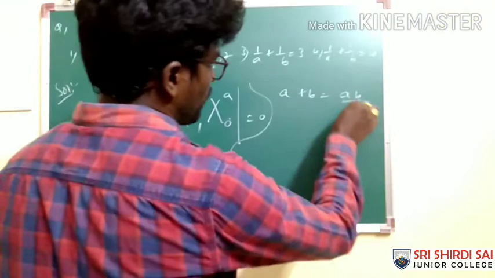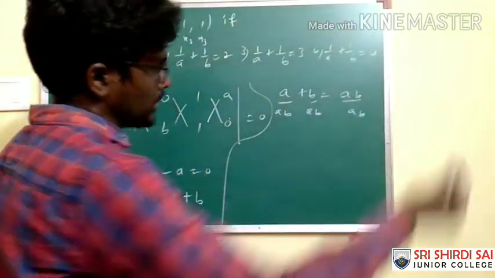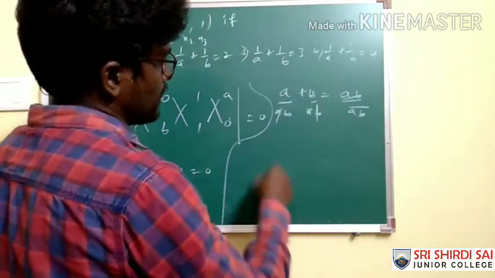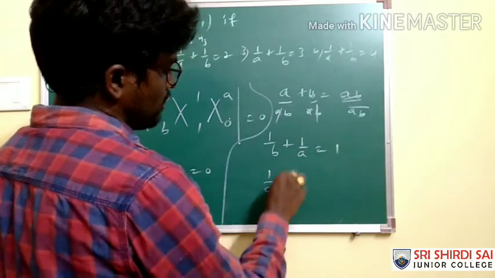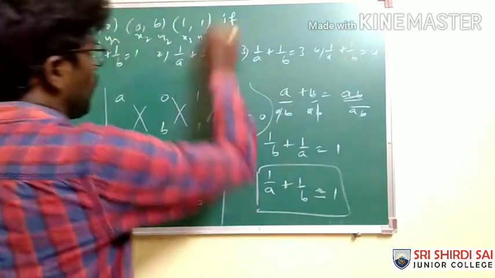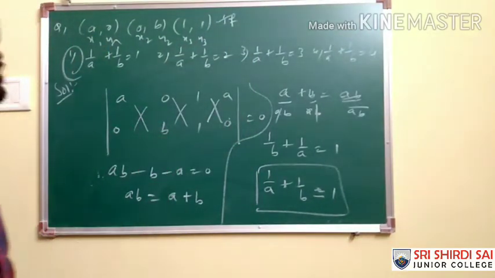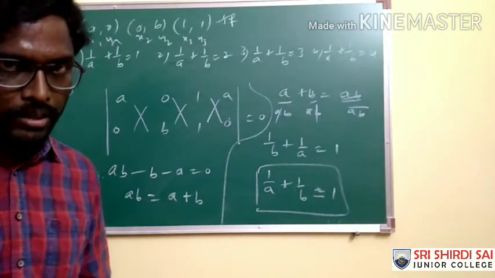Therefore, to convert into a constant, I am dividing the entire equation by ab on both sides. Gets cancelled, gets cancelled. 1 by b plus 1 by a is equal to 1, or 1 by a plus 1 by b is equal to 1. Means if the points are collinear, then the condition between a and b is 1 by a plus 1 by b is equal to 1.